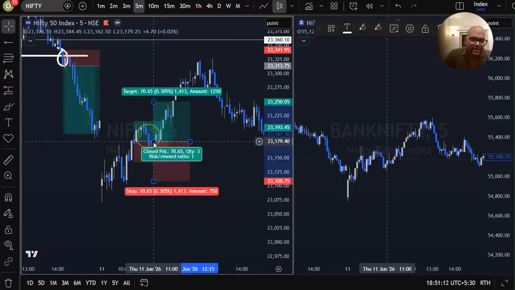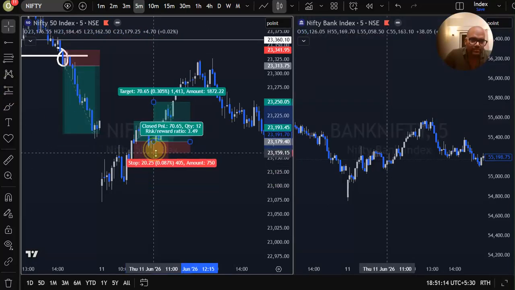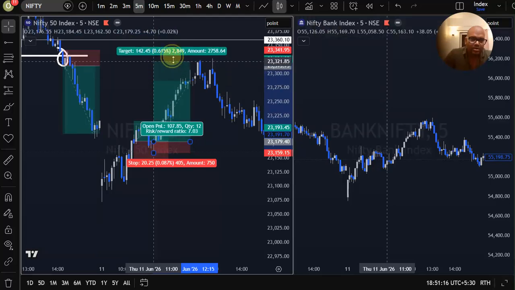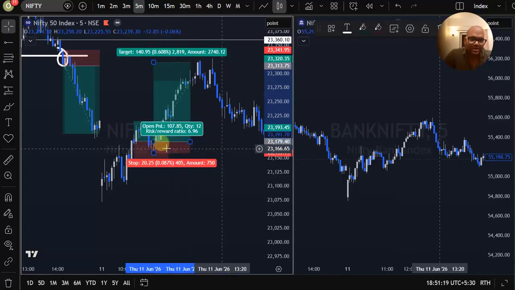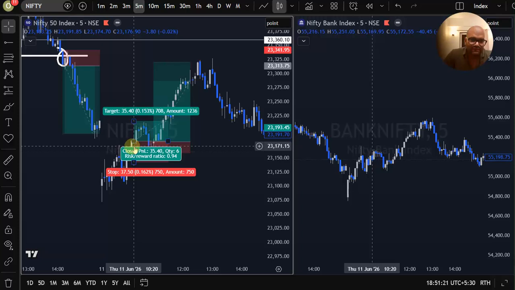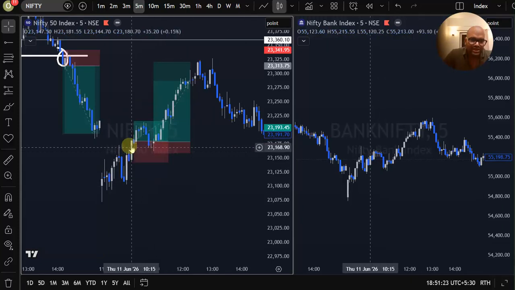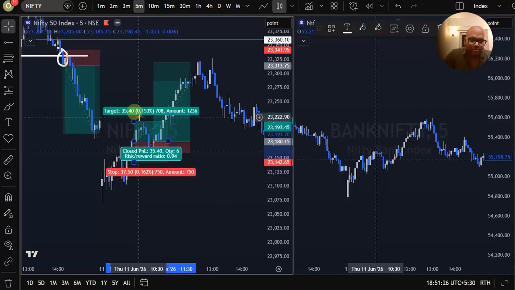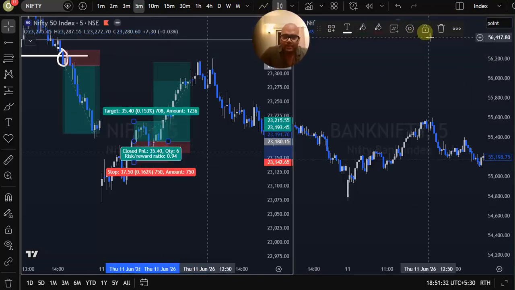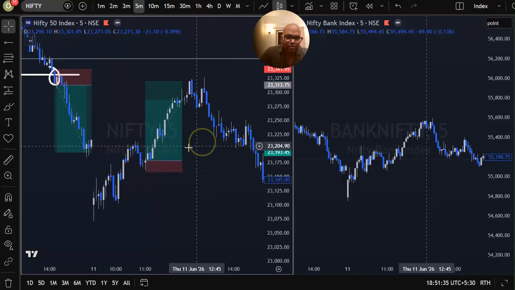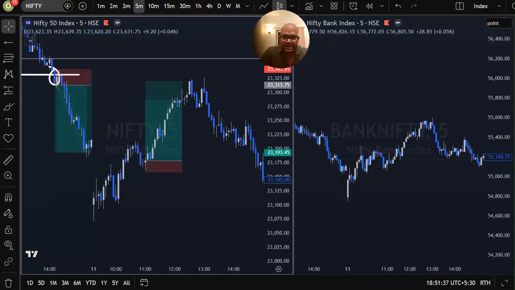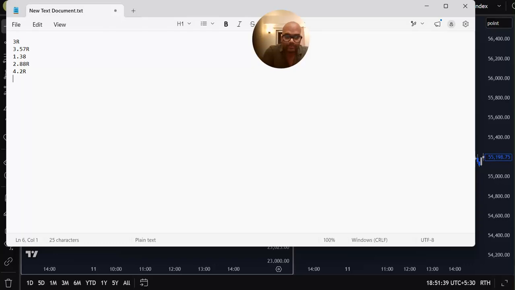Then again, there was this trade. 1 is to 7 in this trade, because there is an FVG here. So let's remove this one, because this would have been your break even trade. So I will remove this one. So this gave you 1 is to 7, 1 7 R.